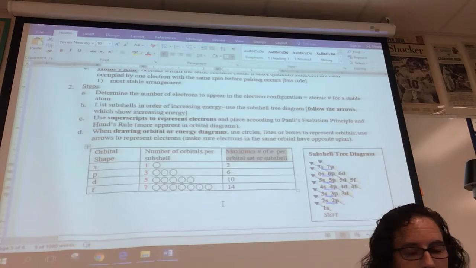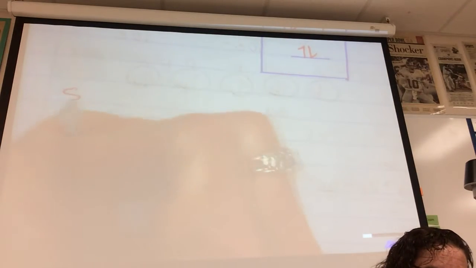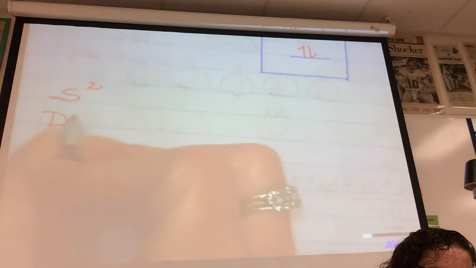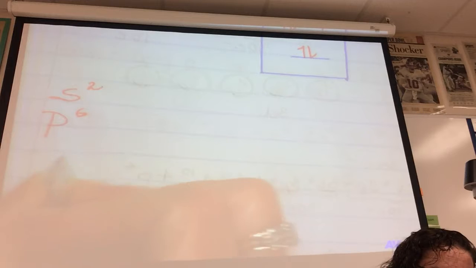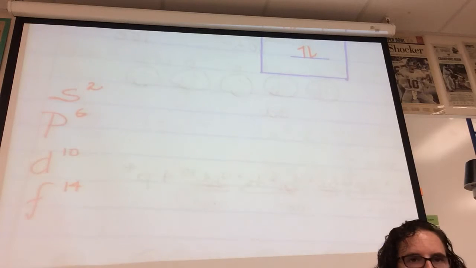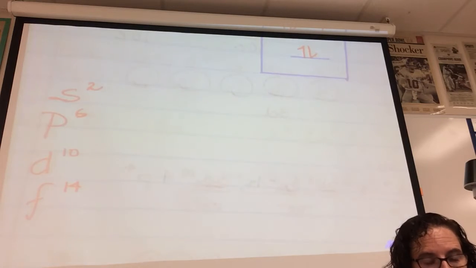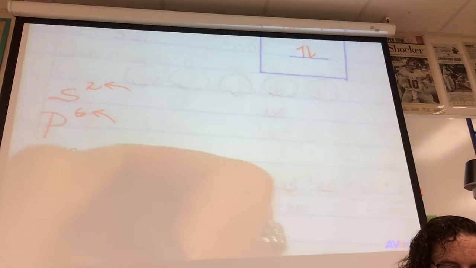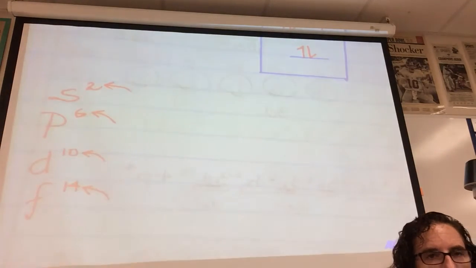So S can hold a maximum of 2 electrons, P can hold a maximum of 6, D can hold a maximum of 10, and F can hold a maximum of 14. So this is the maximum number of electrons in that subshell.